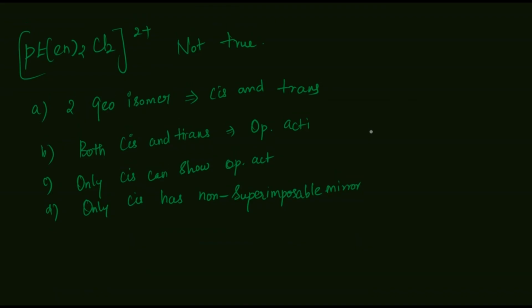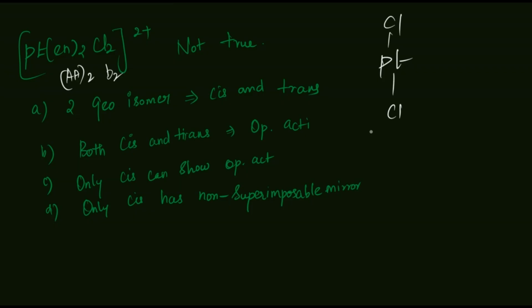Then this one, Pt(en)2Cl2. Which of the following is not true? They are asking. So just find out what type of ligand is there. That is AA2B2, correct? AA2B2 type means what isomers can it form?